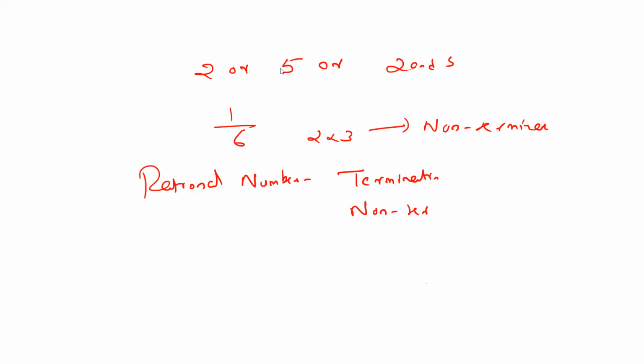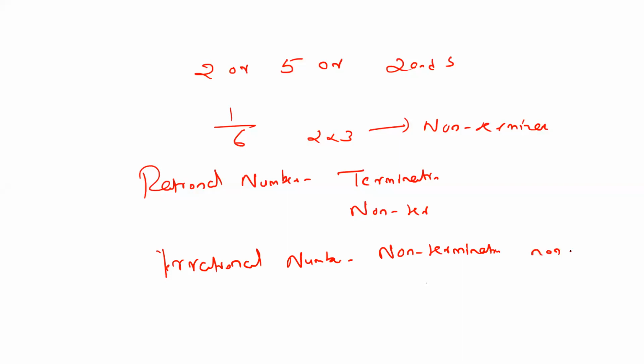And an irrational number is always non-terminating, non-repeating.